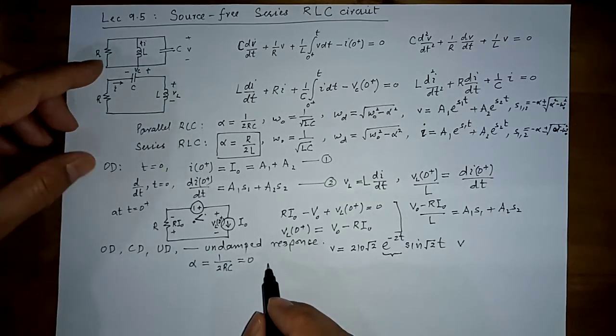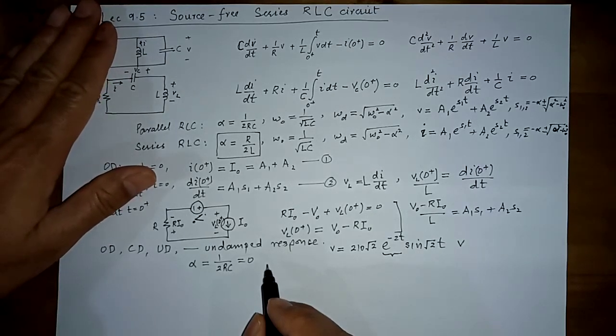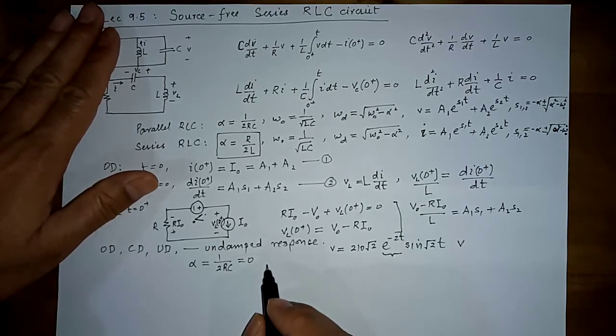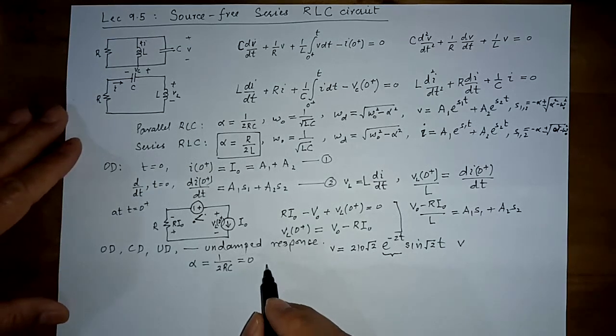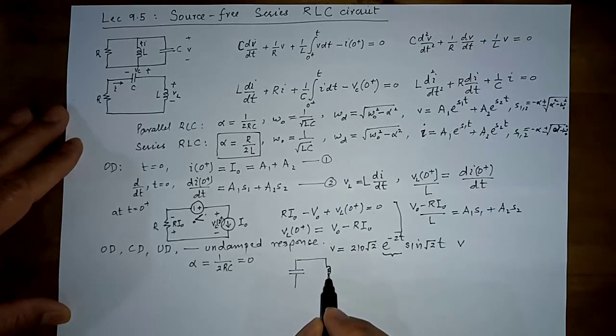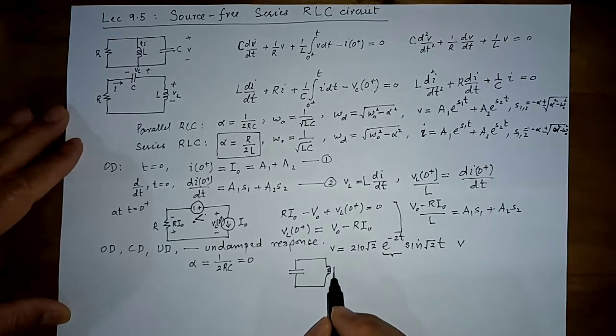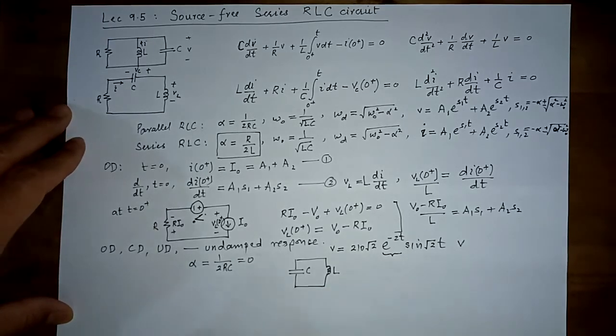So in parallel, what do we mean by having an infinite resistance? We can have it by removing the R. So if we only have an ideal capacitor with an ideal inductor and no resistance in here, which obviously is not possible in real life, but it satisfies our intuition that if initially there was a current flowing in here, the inductor had energy.